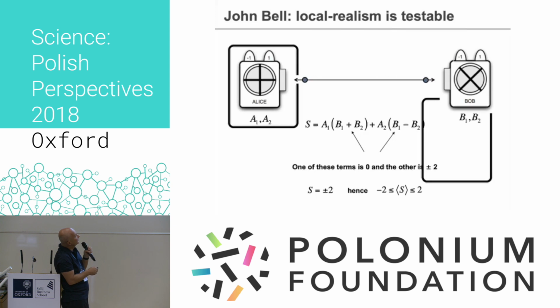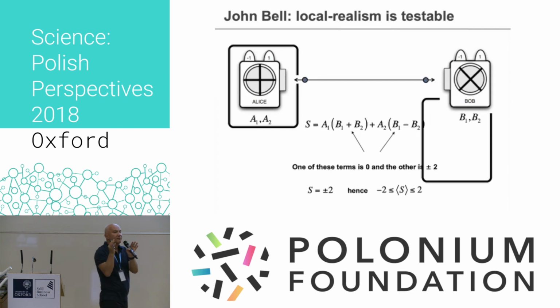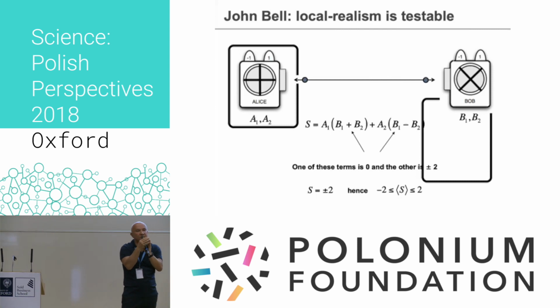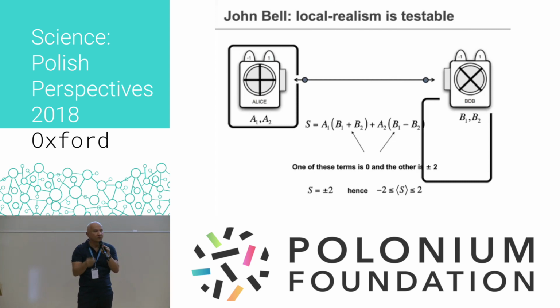And by a simple visual inspection of this formula, you can see that S can take only 2 different values, either plus 2 or minus 2. And therefore, if you run this experiment, you can evaluate the average value of S, and this average value will be somewhere between minus 2 and 2.